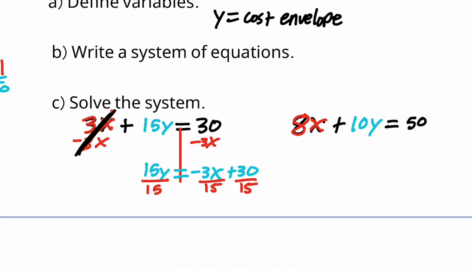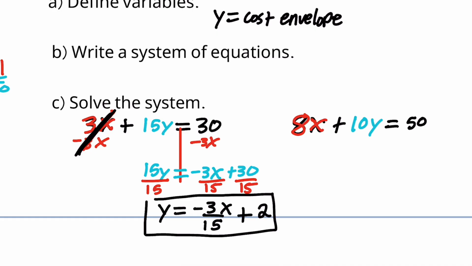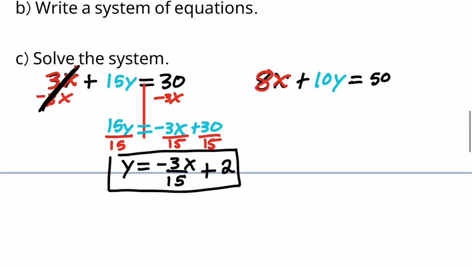And then I get y is equal to negative 3 over 15x plus 30 over 15. Oh, that one is a pretty number. That one gives me 2. And there we go.